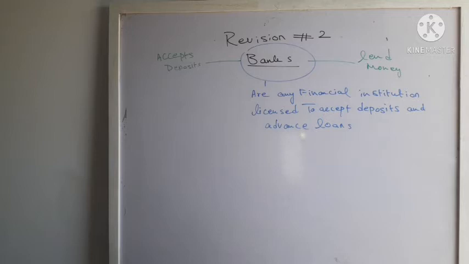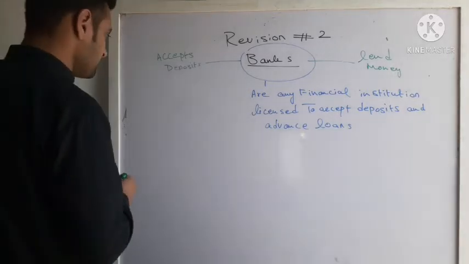There are basically two types of banks in an economy. How many types of banks are there?